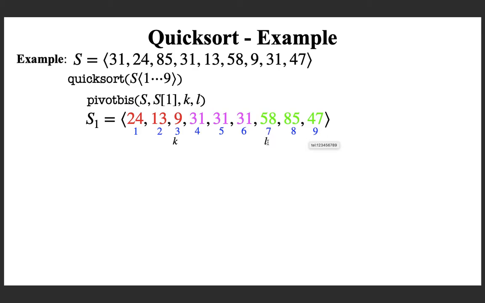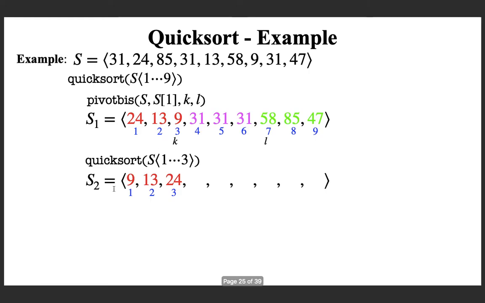The first position in the second set is returned as L and the last position in the first sequence is returned as K. Now you can easily see that no need to worry about this part which is already sorted. You can separately apply quicksort, first on the red sequence, that is, apply quicksort from 1 to K on this sequence S1. It will recursively sort this part and you will get S2 as the result.